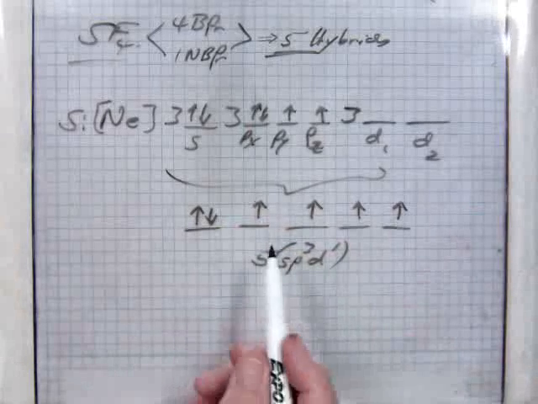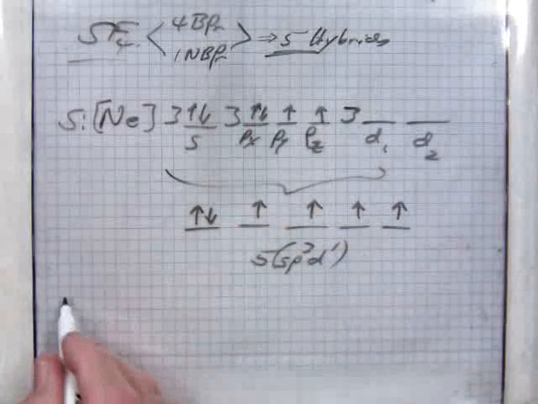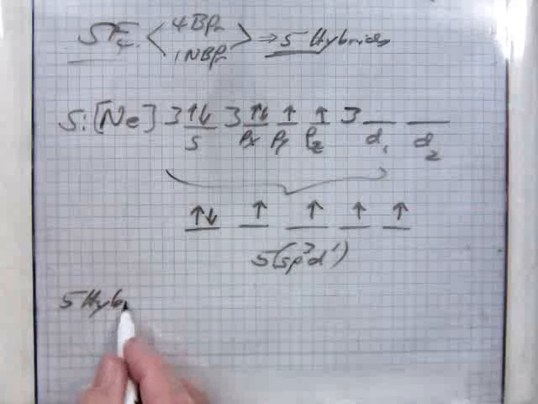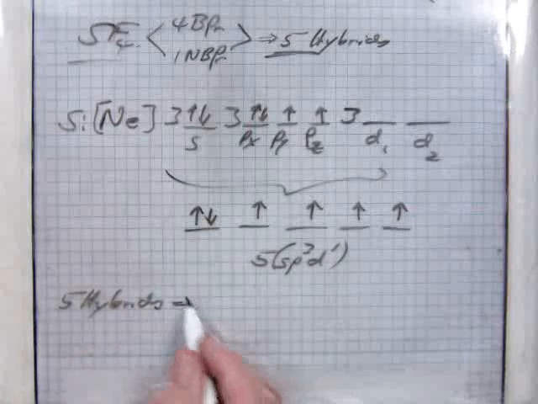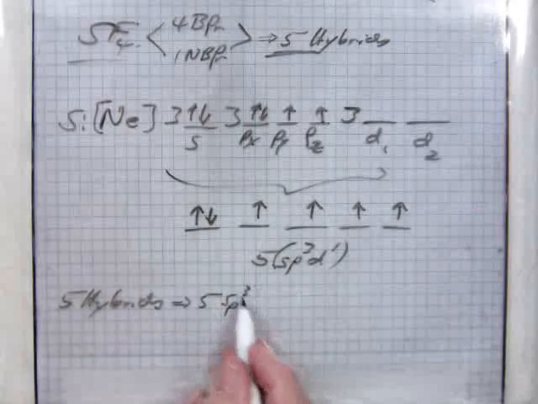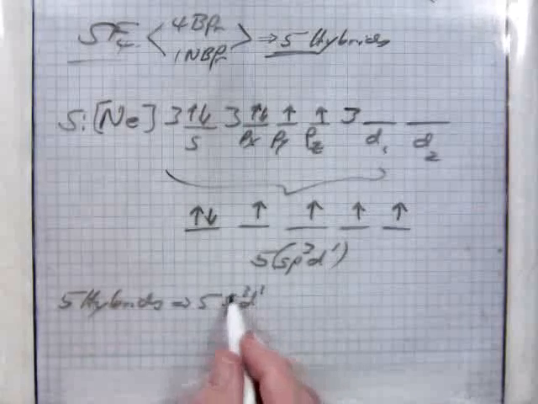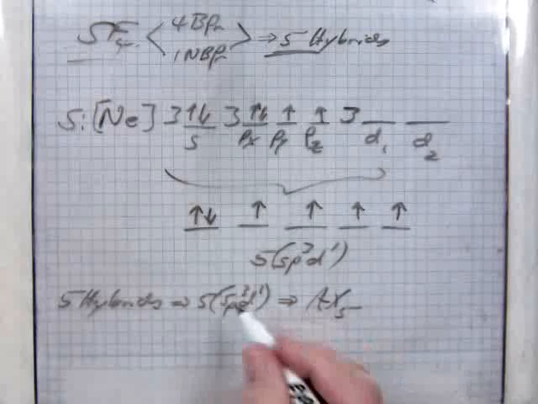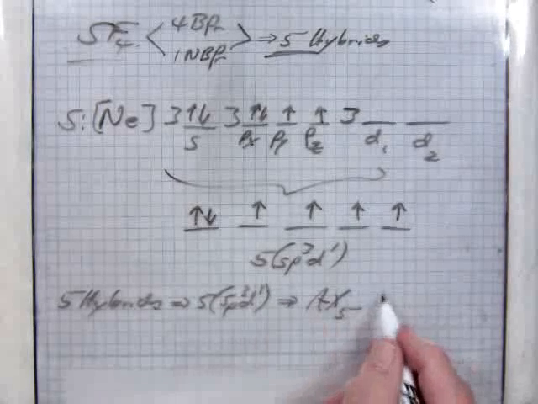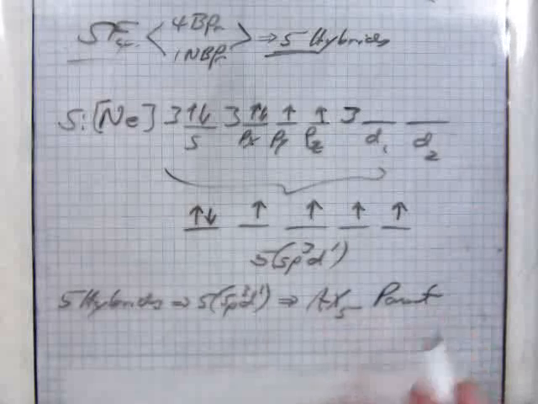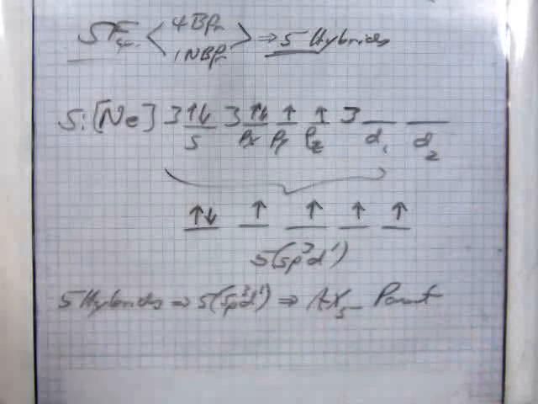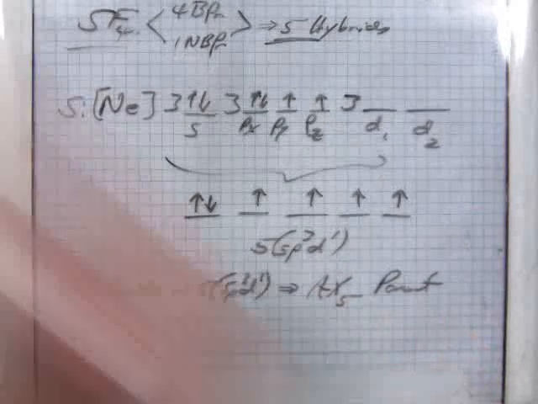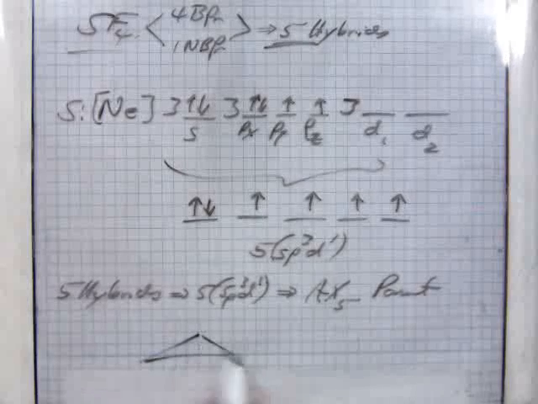So since I'm using 5 sp3d hybrids, I'll have an AX5 parent, which is a trigonal bipyramid. So I want to draw out that trigonal bipyramid.